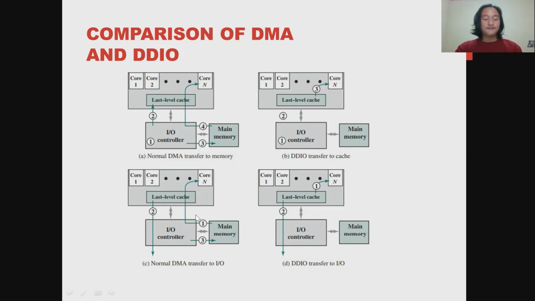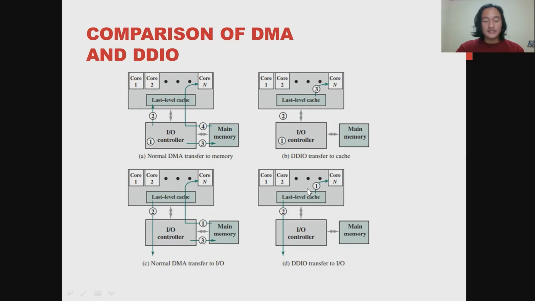When the NIC receives a notification to start the transmit operation, it reads the data from the level 3 cache, the last level cache, and then transmits it. The cache access by the NIC causes the data to be evicted from the cache and written back to main memory.